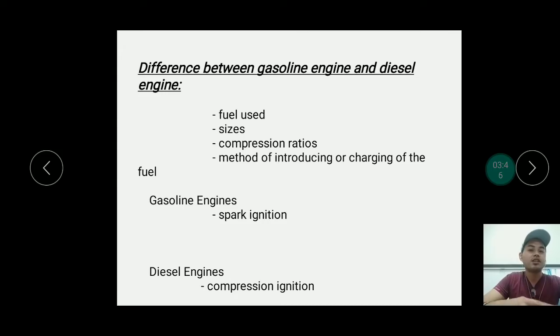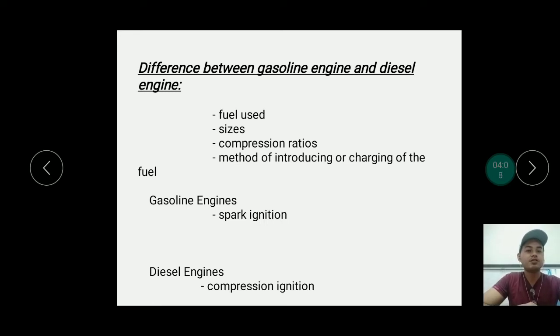Gasoline engines use a carburetor, and they also use fuel injection. On diesel, usually it's direct injection or fuel injection, and there's no carburetor in the diesel engine.